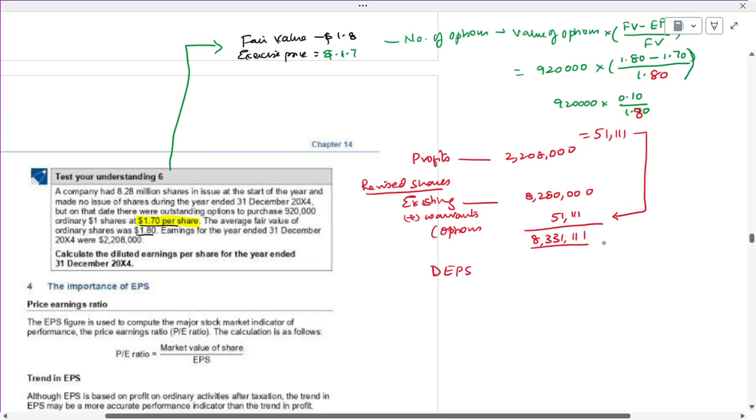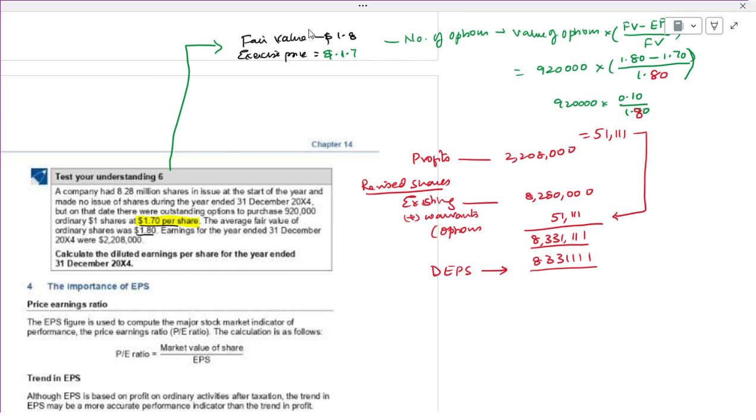Diluted earning per share. Is it right? 2208 divided by 8331.